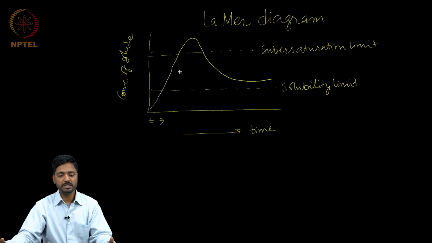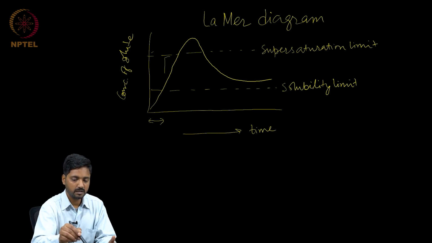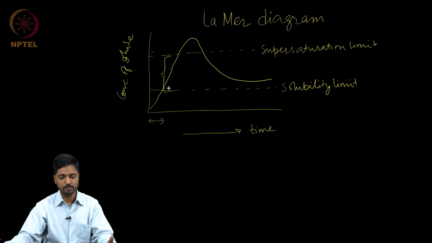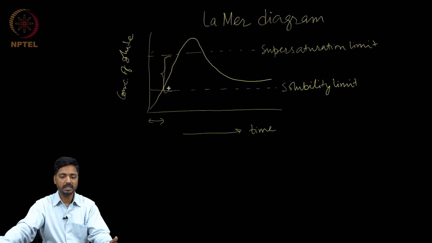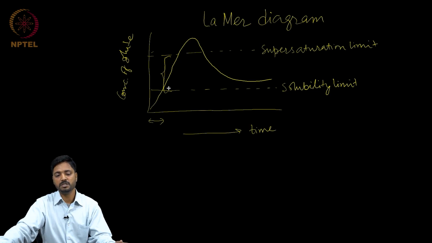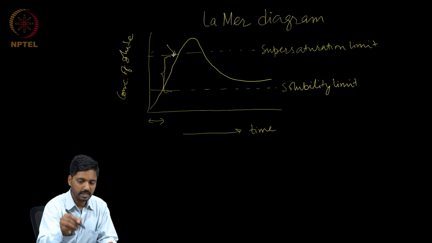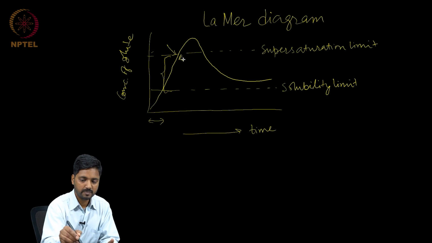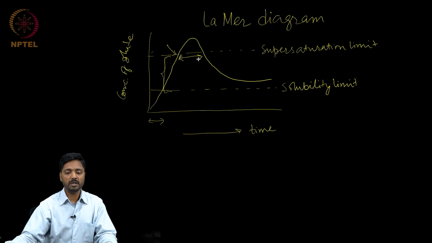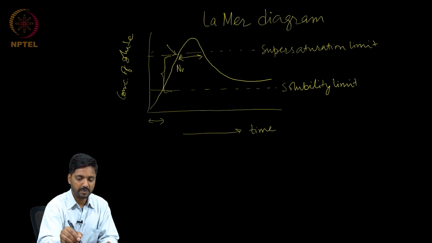However, we reach a regime which is known as the supersaturation regime, where the concentration of the solute will be somewhat higher than the solubility limit, and it keeps crossing the supersaturation limit, which is indicated here, and in this regime the nucleation process will start happening.